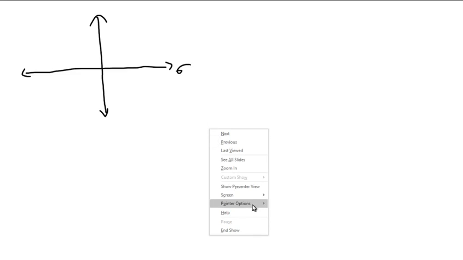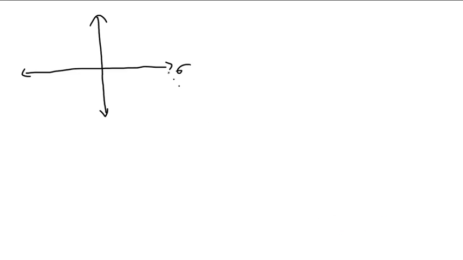So say I'll plot the sigma and tau axis. Normal stress and shear stress here.